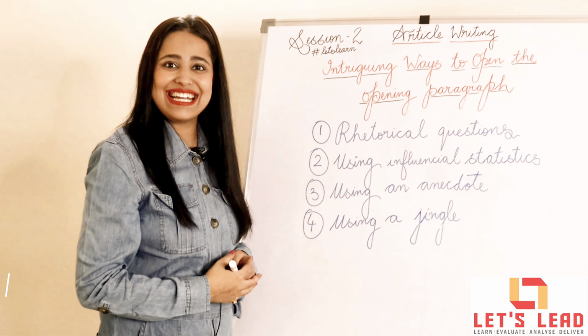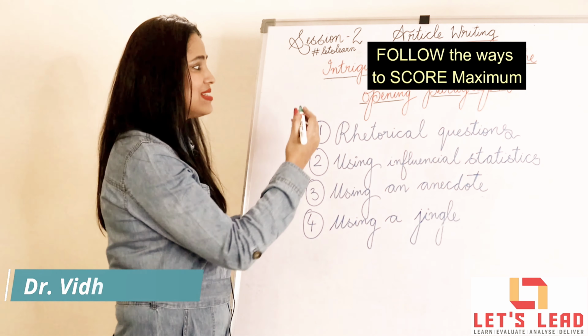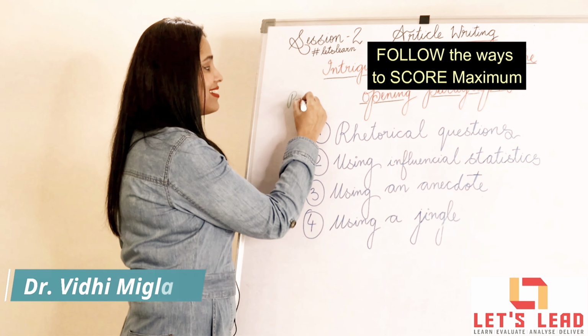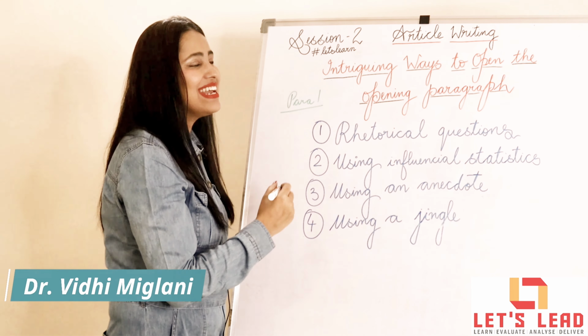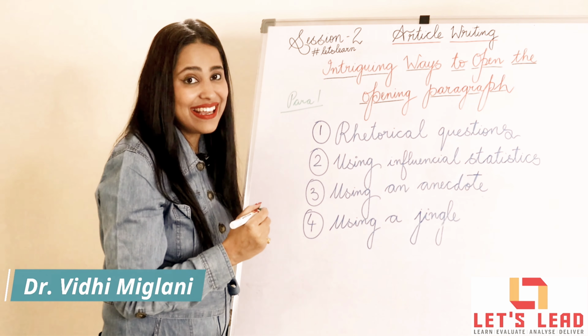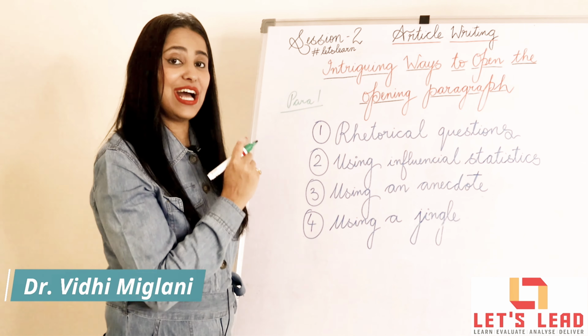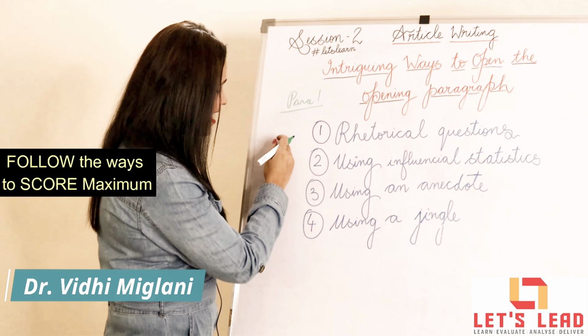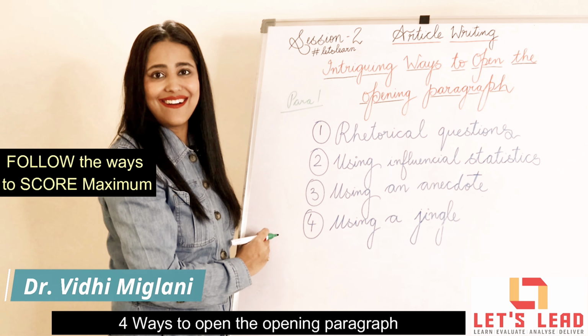Yes, let's get started. When I say the opening paragraph, I mean to say the paragraph 1 of your article. Well, the ways have to be really intriguing because it has to catch the reader's attention, and to grab that attention, I have mentioned 4 different ways to start the article.